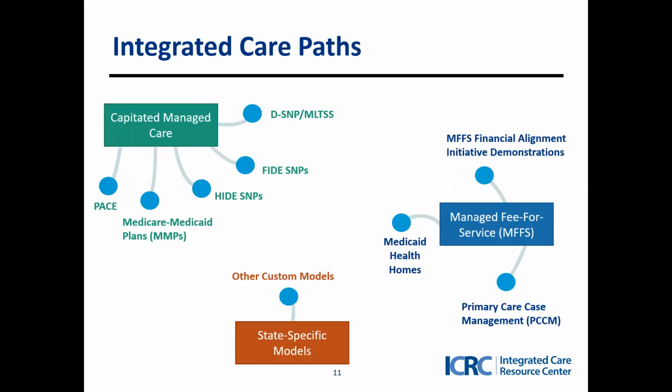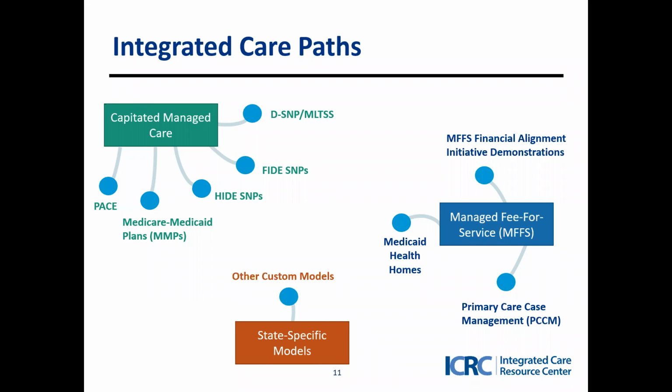Okay, so let's dive into those three options just a bit more. So capitated managed care is when the state and/or federal government pays capitated rates to managed care entities that deliver and coordinate Medicare and/or Medicaid services. And this can take many forms, including MMPs, managed long-term services and supports, D-SNPs, and PACE.